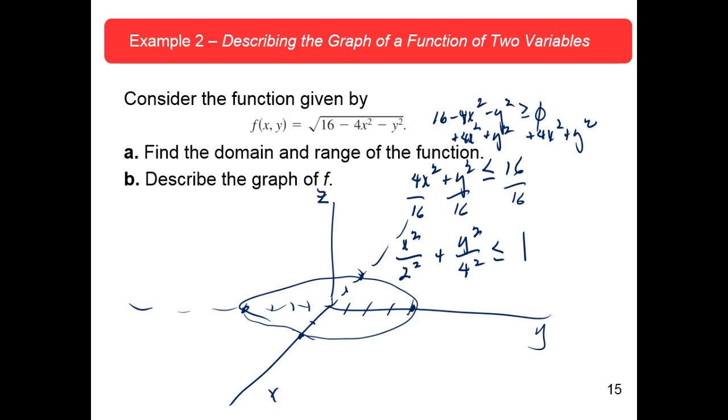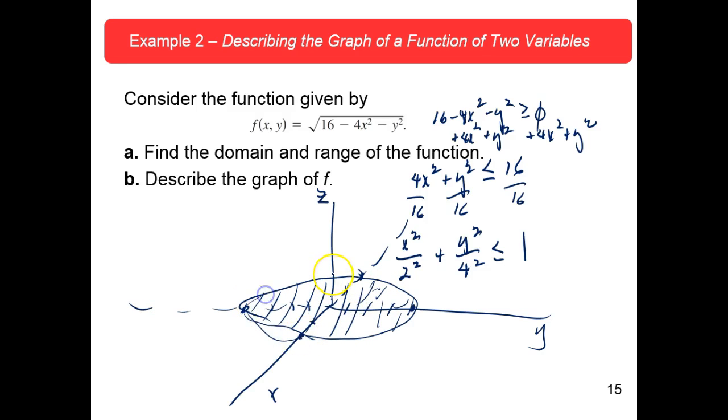Okay? And then your f of x, y is going to be something over the top of that. It could be, well, let's see. When x is equal to... and it's less than or equal to, it's everything inside and including the outside of that ellipse.